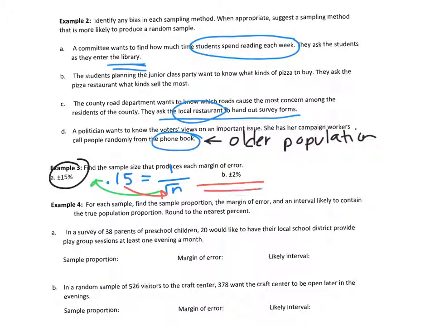So then you end up getting the square root of n equals 1 over 0.15, and then you need to square both sides. So 1 divided by 0.15 squared is about 44. So about 44 people.